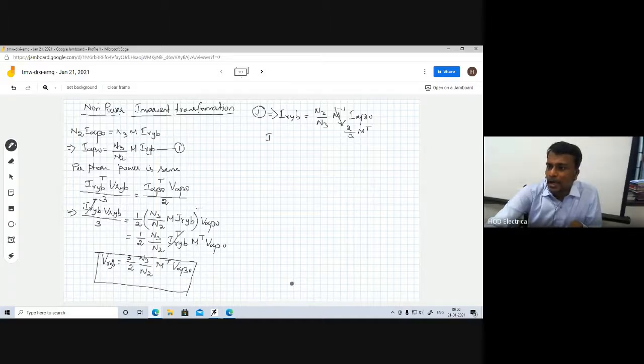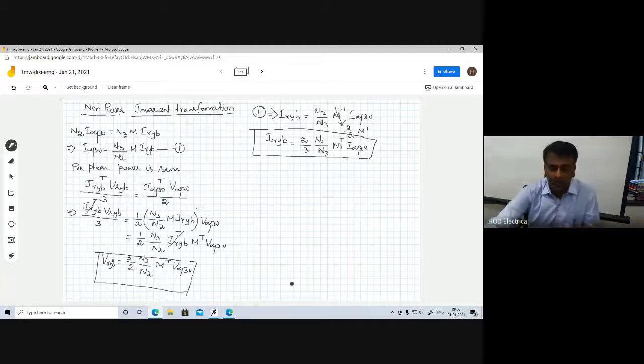So we have I RYB equal to 2 by 3 into N2 by N3 into M transpose into I alpha beta naught. So this is the case of the I RYB form.